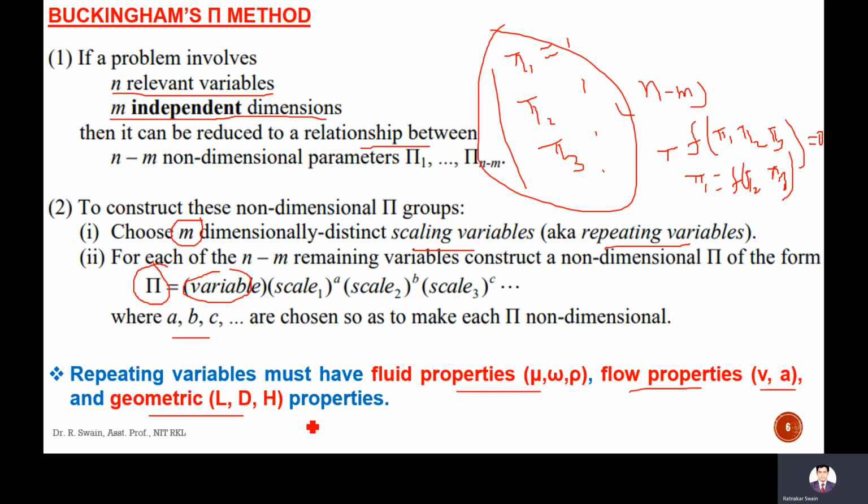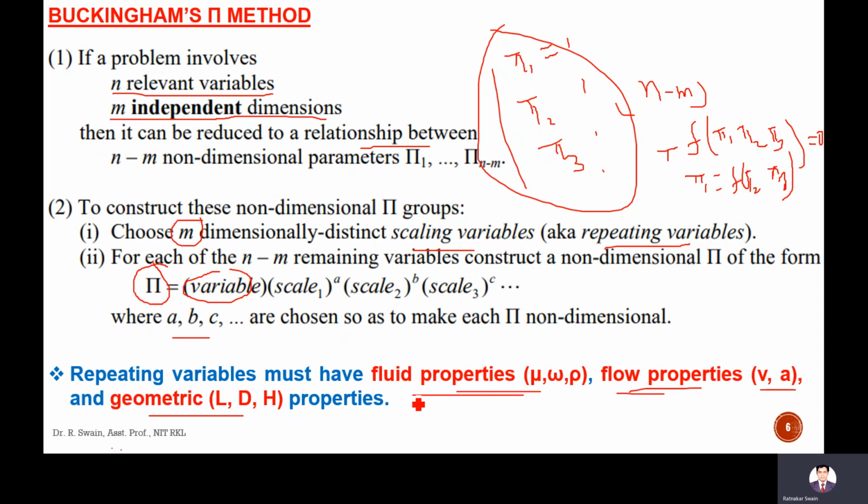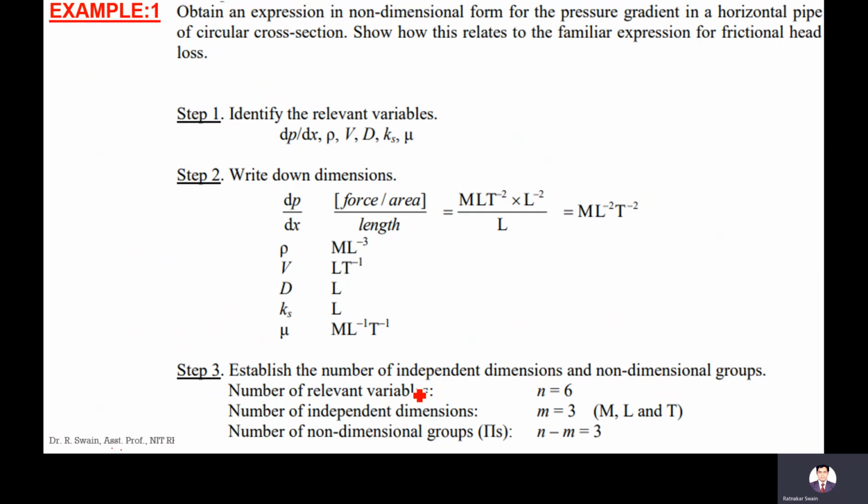So the m repeating variables must contain at least one fluid property, at least one flow property, and at least one geometric property. Okay, let's solve one example, then it can be clear.